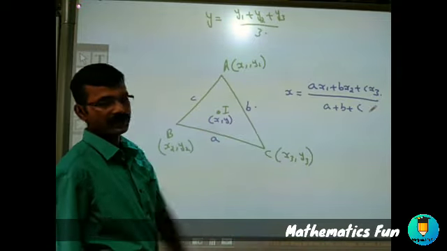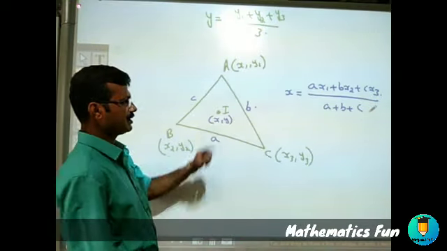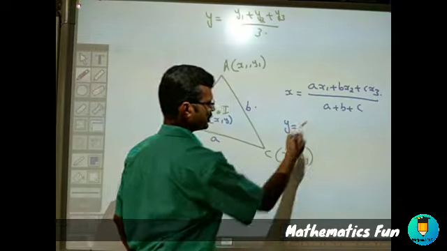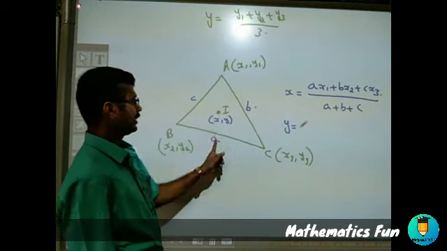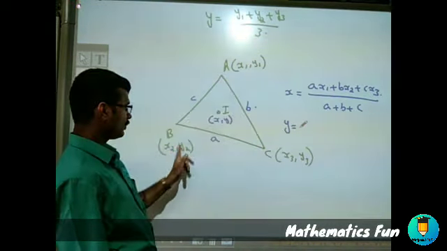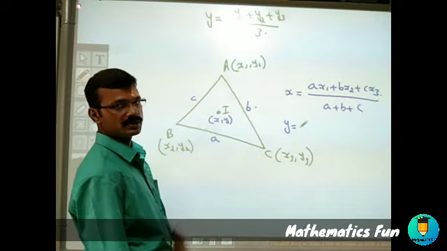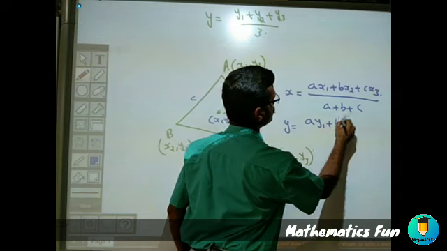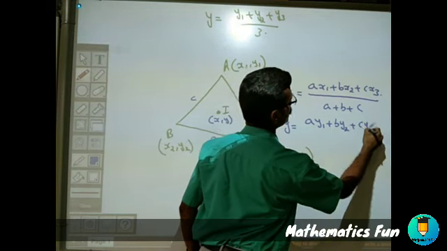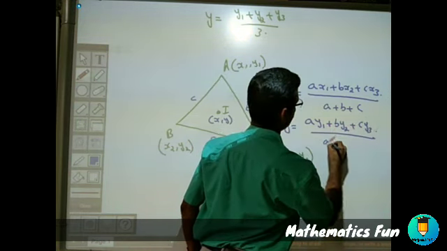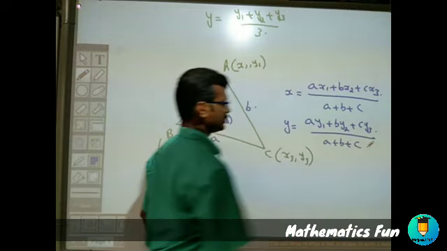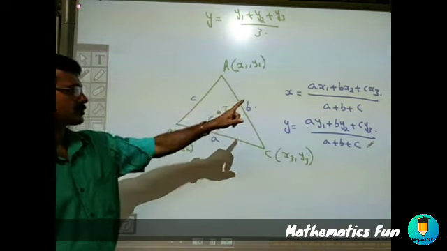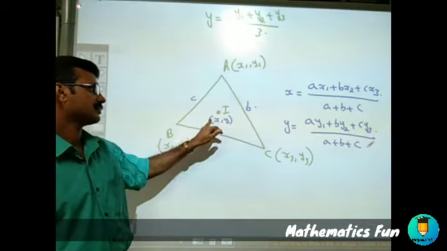This is the x coordinate of the incenter, and the y coordinate is similarly ay1 plus by2 plus cy3 divided by a plus b plus c. This is the coordinates of the incenter of a triangle.